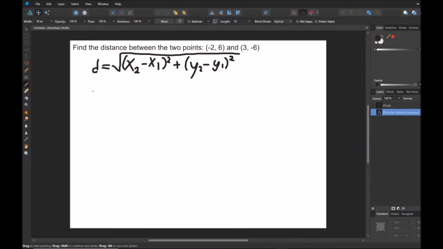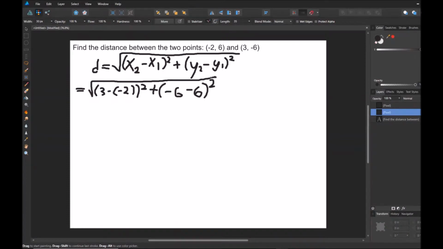So assuming that you've tried this problem, let's see how it's worked out. I'm not going to write the d, just imagine it being there, and then the square root symbol. x2 is 3, so 3 minus a -2, and all of that squared, plus y2, which is -6, minus y1, which is 6, squared.